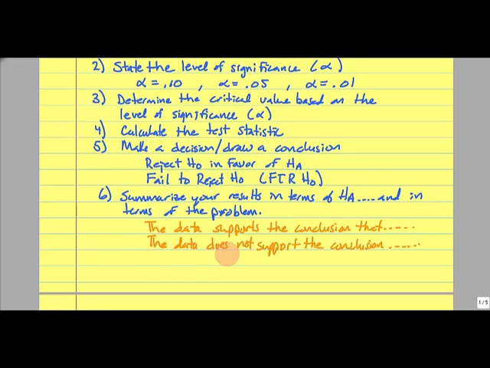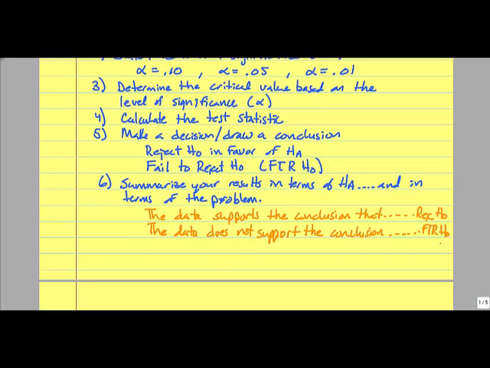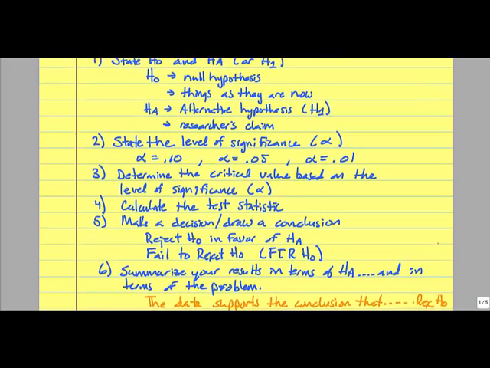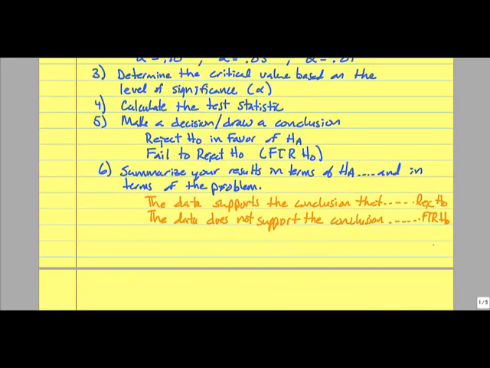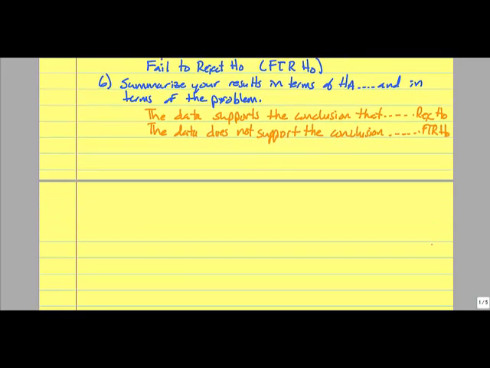This one down here, the data does not support the conclusion, is what I would use if I were to fail to reject H0. And these will make more sense once we actually do some work in terms of an actual problem. So these are the steps that we have for the classical approach to hypothesis testing. There's another approach to hypothesis testing as well, and it's called the p-value approach.